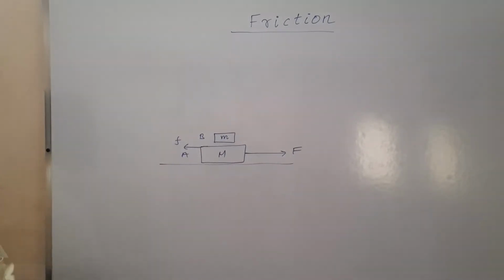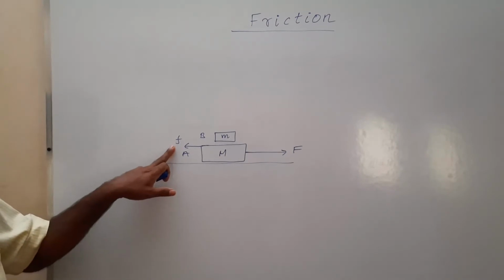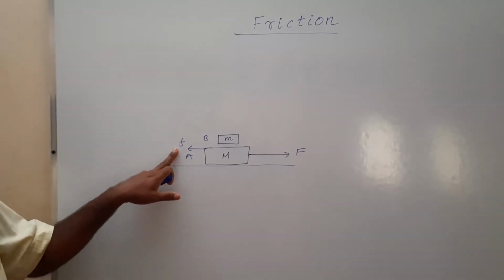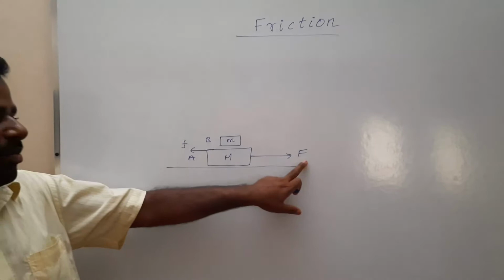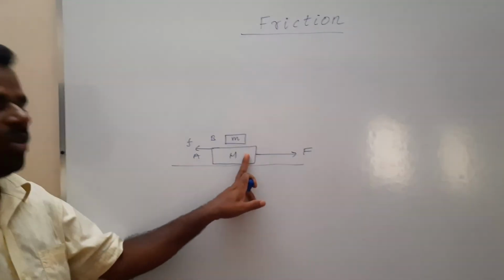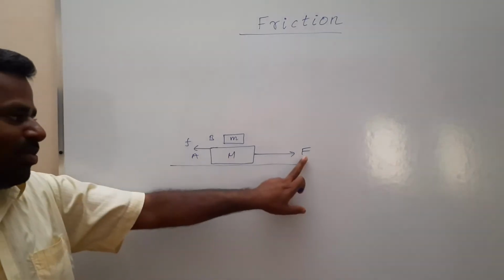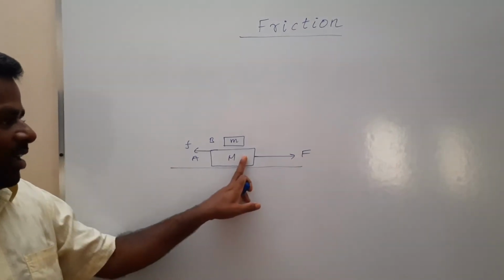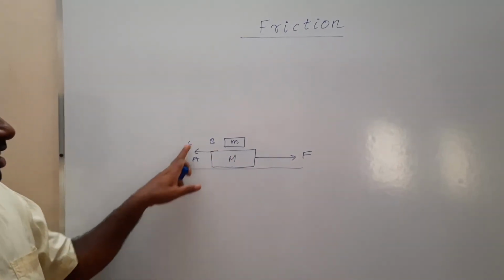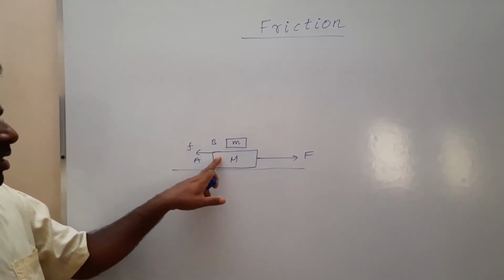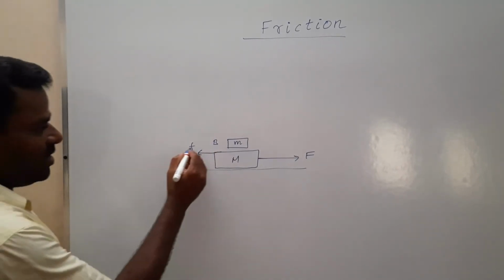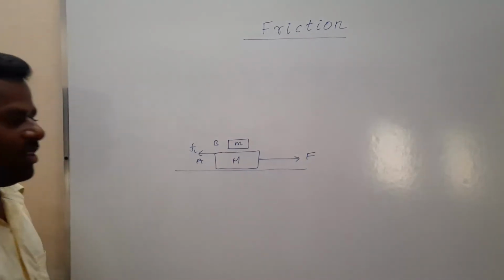This frictional force is known as limiting friction, because we are going to calculate the maximum force applied on block A so that the system moves together. When the maximum force is applied on block A, the friction exerted by block B on block A is limiting friction.